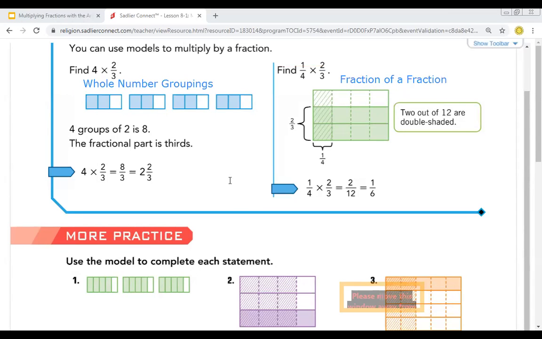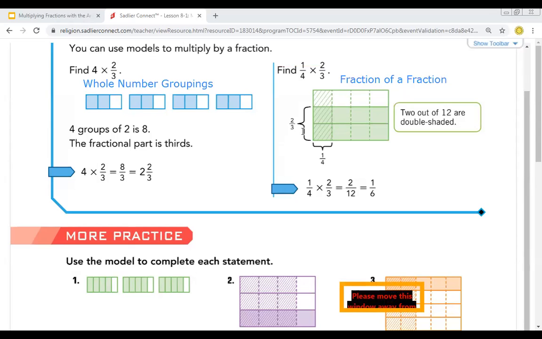So you can see by the way that the drawing is created, whole number groupings means that you have separate little drawings that represent multiple copies of the same grouping, right?